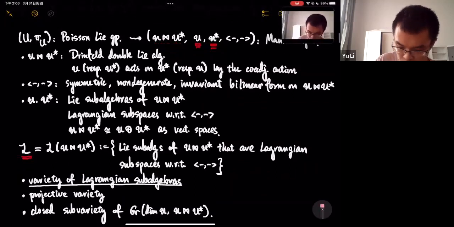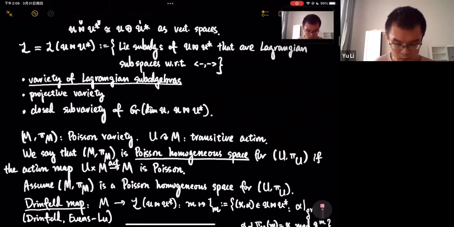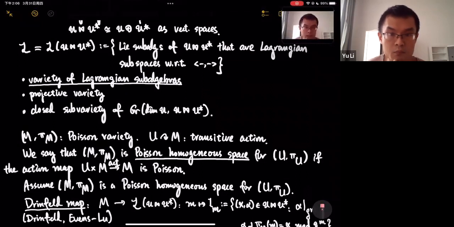This variety has many nice properties. For example, it's a projective variety sitting inside the Grassmannian of dim u dimensional vector subspaces of the Drinfeld double.